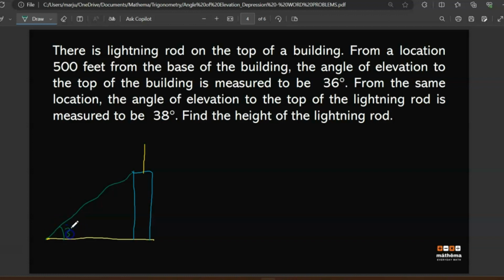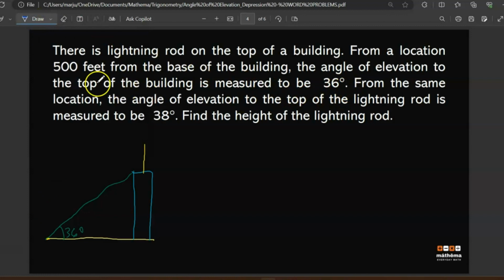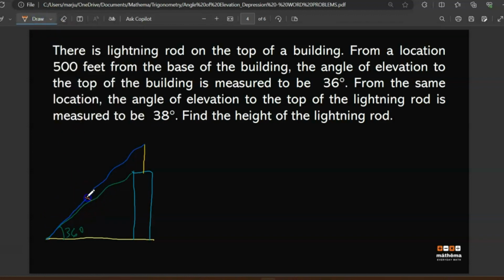And at the same point, on the top of the lightning rod, from the same point up until here, we form actually a 38 degrees angle of elevation. So basically, the entire thing, let me just stretch this out, that is 38 degrees.